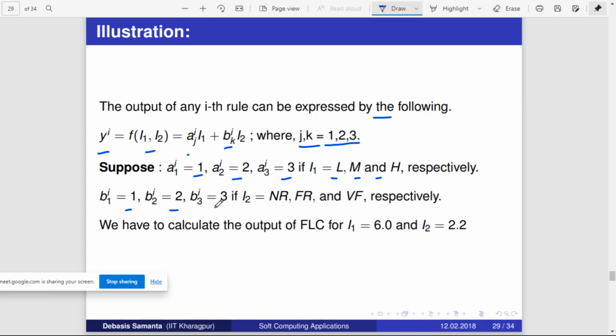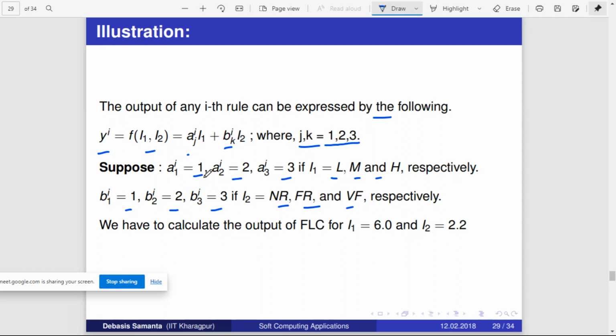That is, we are fixing that A1 will always be 1, A2 will always be 2 and A3 will always be 3, and B1 will always be 1, B2 will always be 2 and B3 will always be 3.